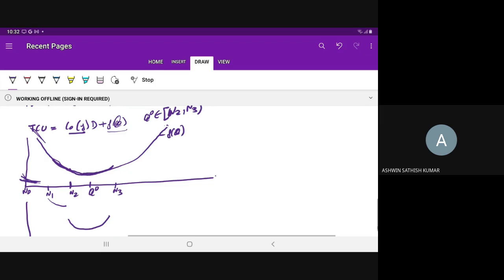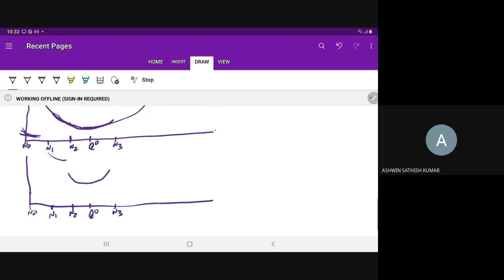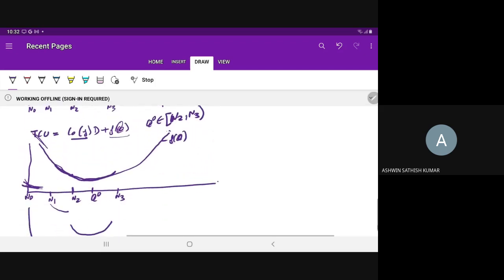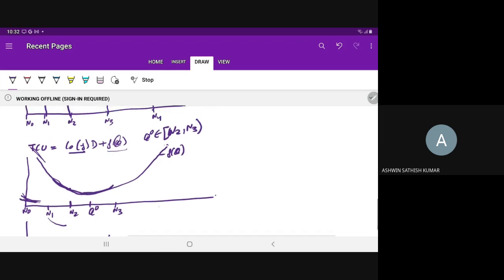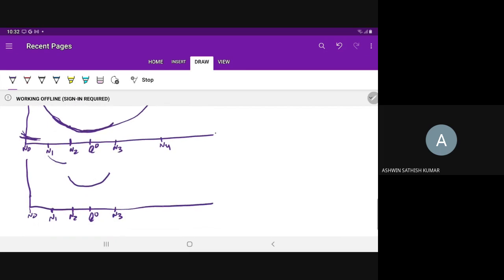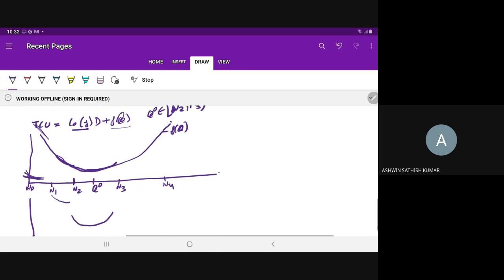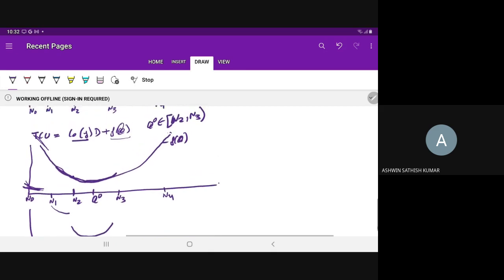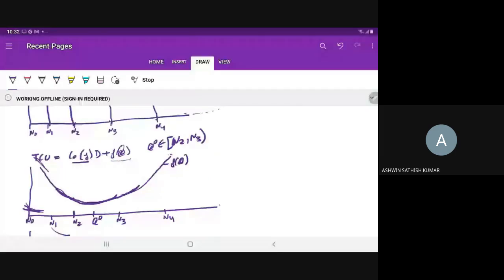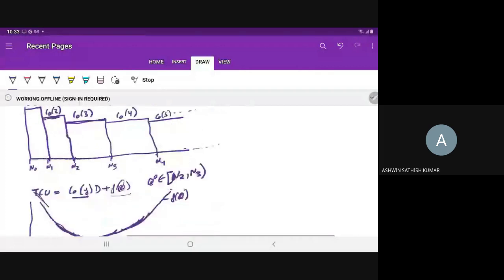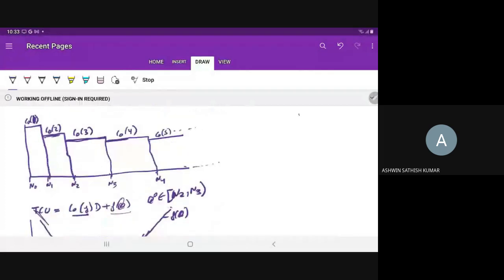Now when we have the graph from N3 to N4, what will be the shape? The shape of the FQ is increasing, and here the C04 is constant.